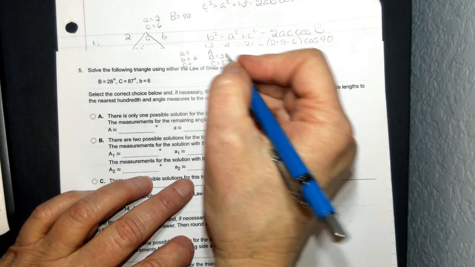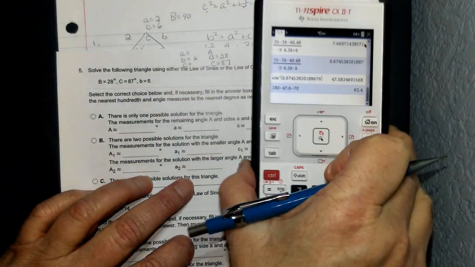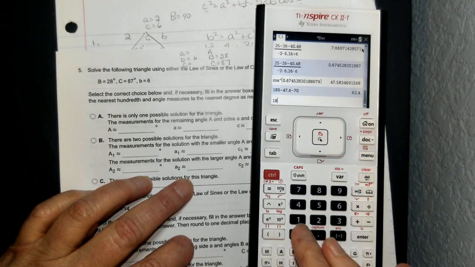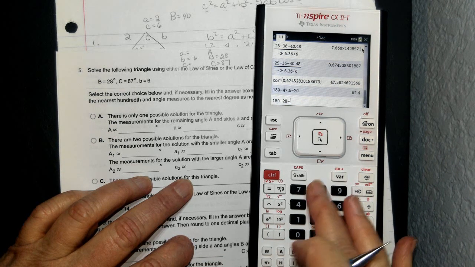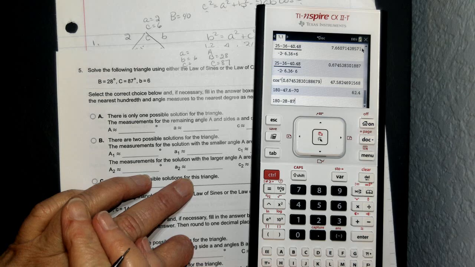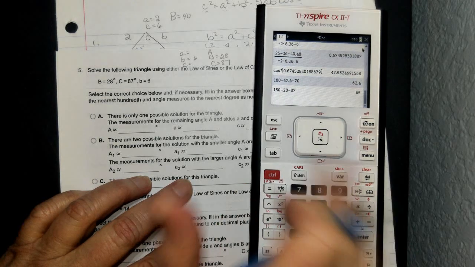So first thing I'm going to do is the easy stuff. I'm going to find angle A by subtracting B and C from 180. So let's go 180 minus 28 minus 87. Those are the B and C angles that are given, and so A is going to be 65 degrees.